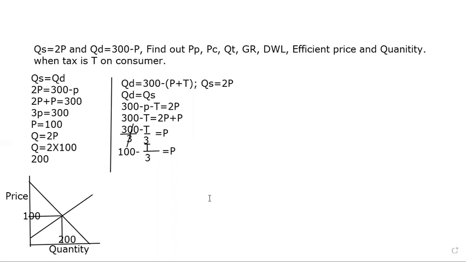This is the price to be paid to the producer. This P does not include anything plus T. So this is the price of the producer.